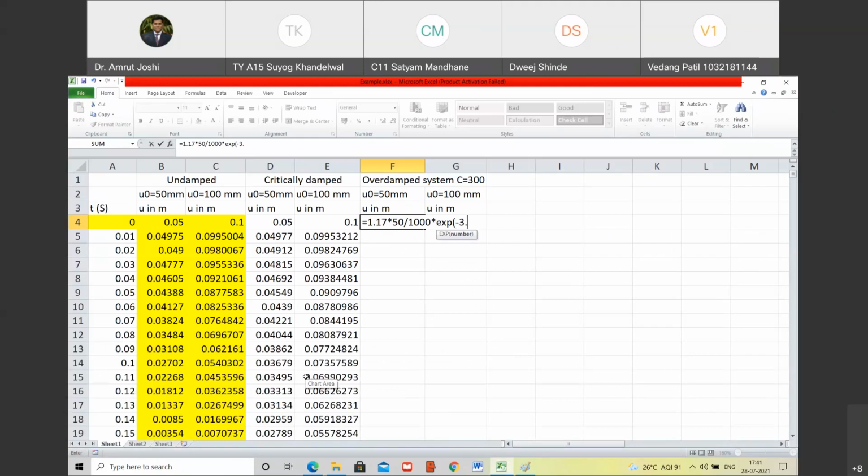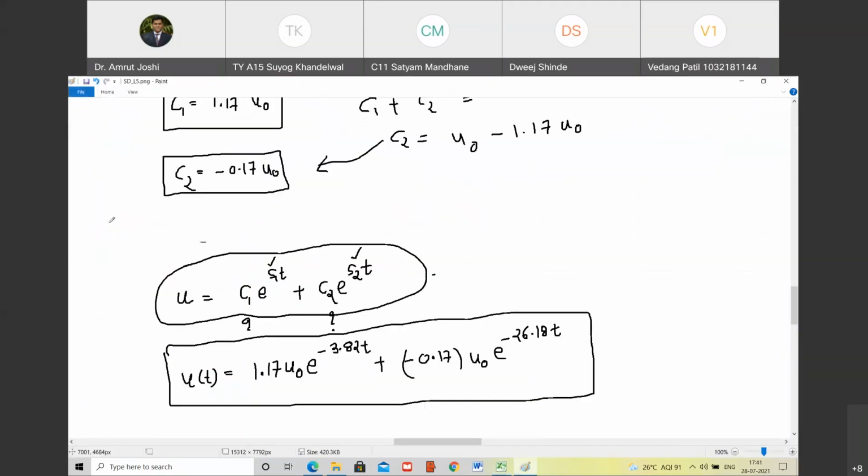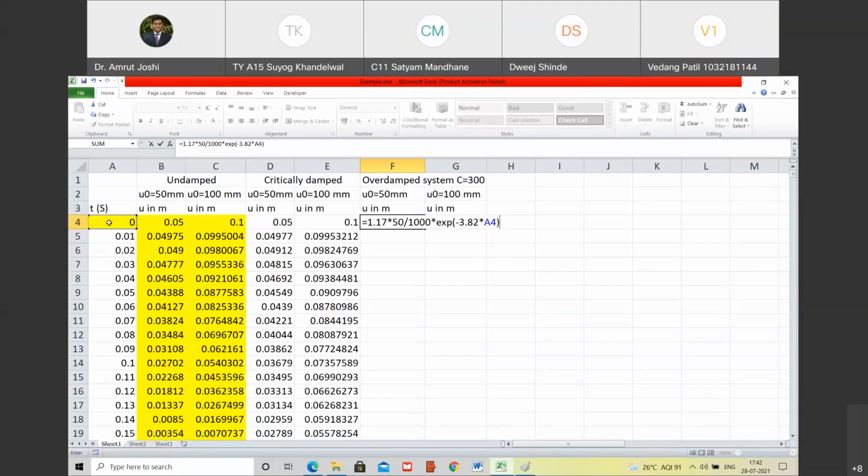Are you with me? Yes, sir. 3.82 into T. But what is T here? T is nothing but A4. Happy? Yes. This is the first part of the equation. What is the second part of the solution? Minus 0.17, see minus 0.17. Happy? Yes, sir. Multiplied by U0. But what is the value of U0? 50 upon 1000.